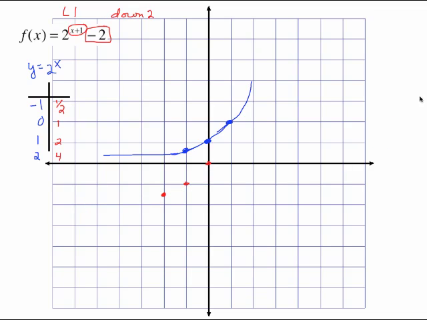Keep in mind we do have a horizontal asymptote right here because this has shifted down 2, so that horizontal asymptote is going to kind of lock me in to the curve coming up like this, and then it gets kind of weird for me with the tool, something like this.